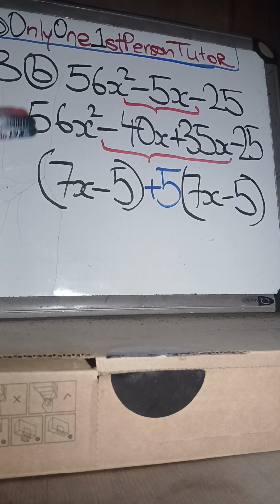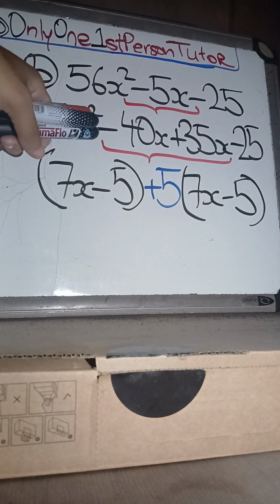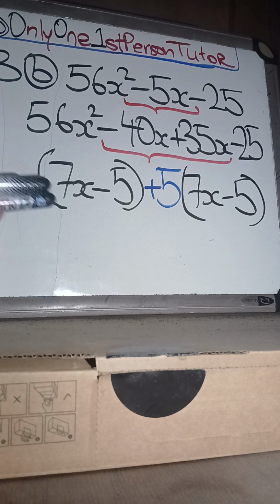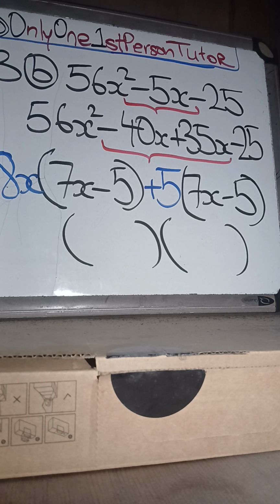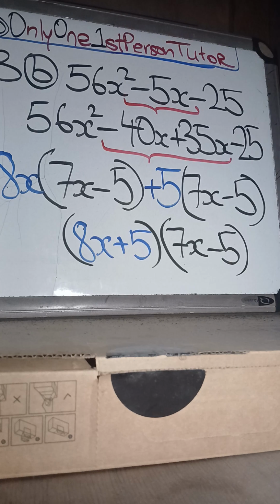And now you can either divide this 56x squared by the 7x, or the minus 40x by the minus 5. Either way, you'll end up with your answer out here. Either way, it's a positive 8x. And now we move on to the final step. And there we go. The final step.